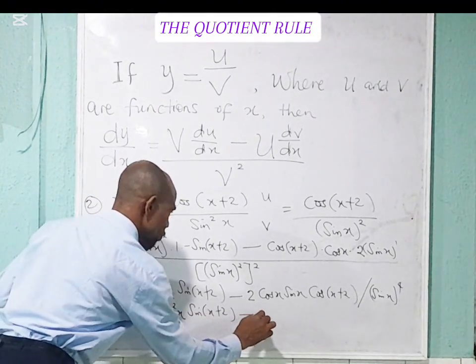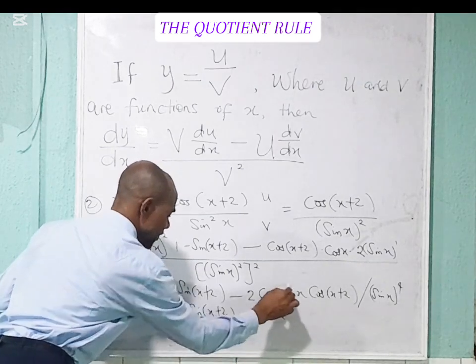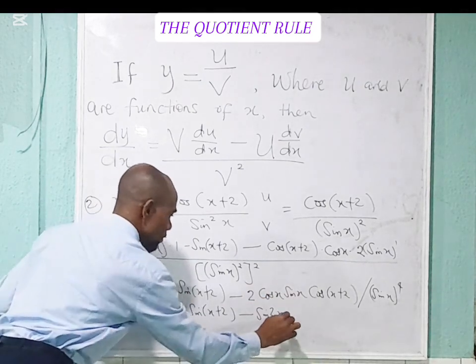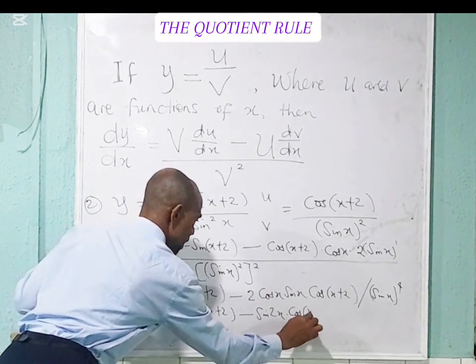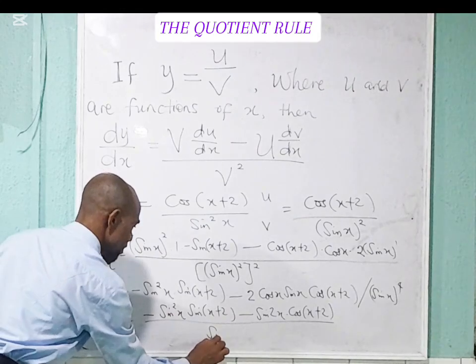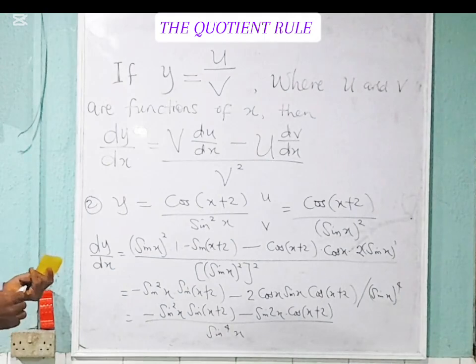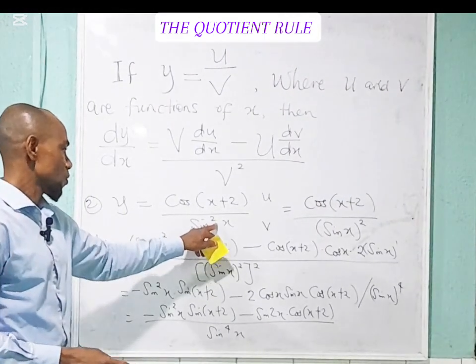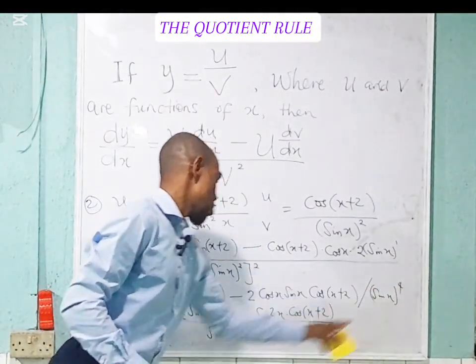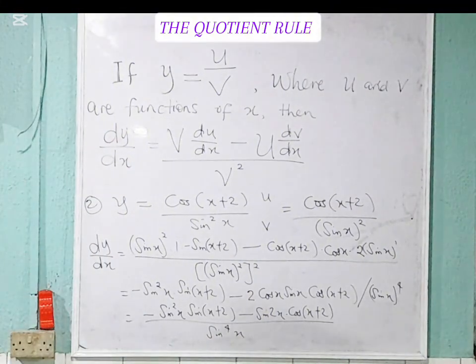The minus is actually sine 2x, so the entire value here is sine 2x, then cos x plus 2, all over sine to the power of 4 x, because the 4 would as well come in as sine to the power of 4x. And that actually is the solution to that differential equation there.